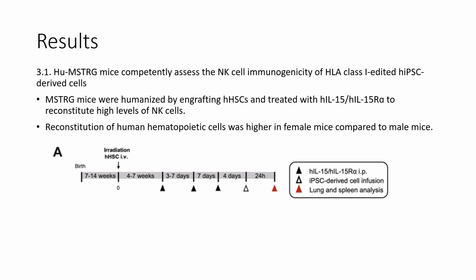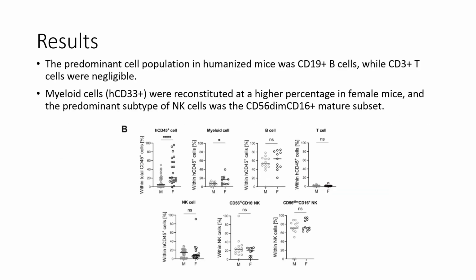As we can see in figure A, irradiation was involved in this week. The predominant cell population in humanized mice was CD19 plus B cells, while CD3 plus T cells were negligible.